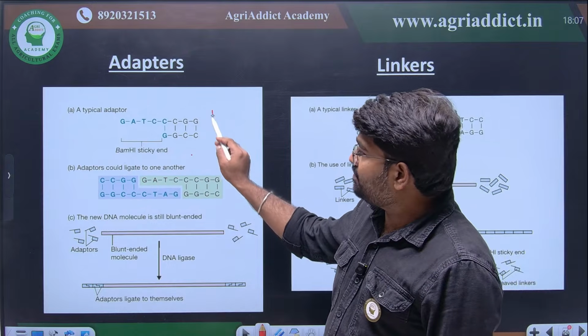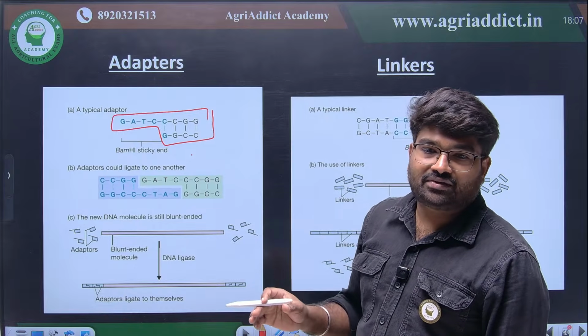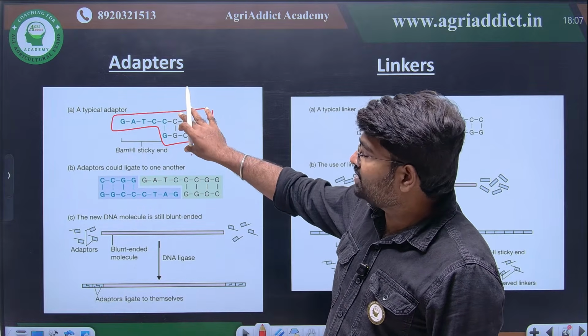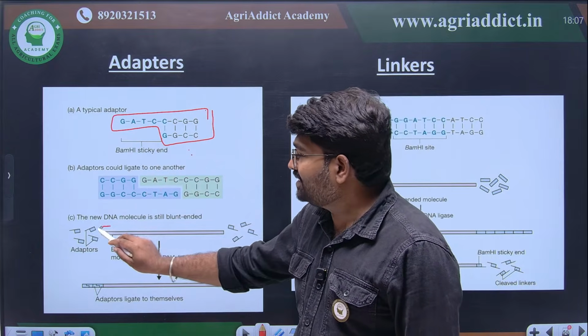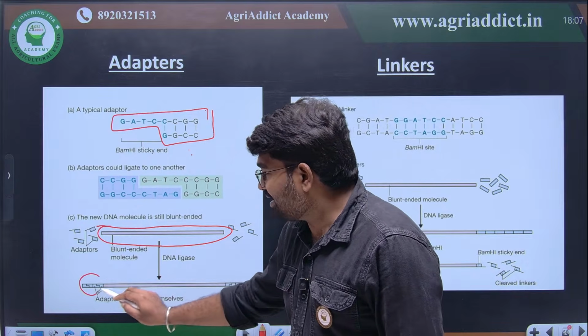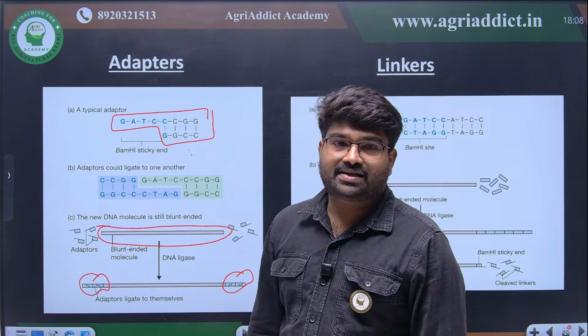See, this is the adapter. It will have a preformed cohesive site. So this adapter, at excess concentration, will be mixed with the blunt-ended DNA. So you see here, at last the adapter was ligated with our blunt-end DNA.